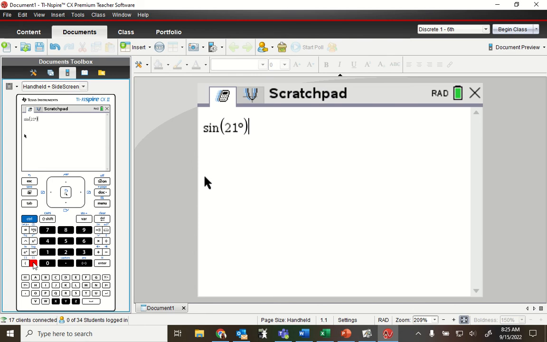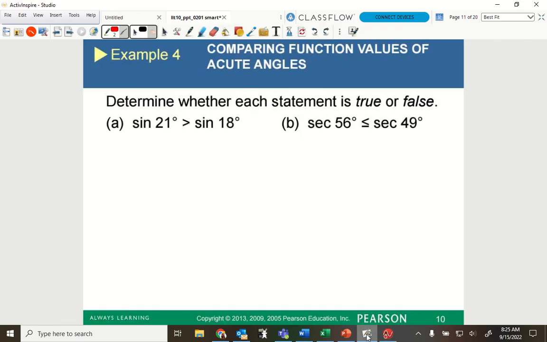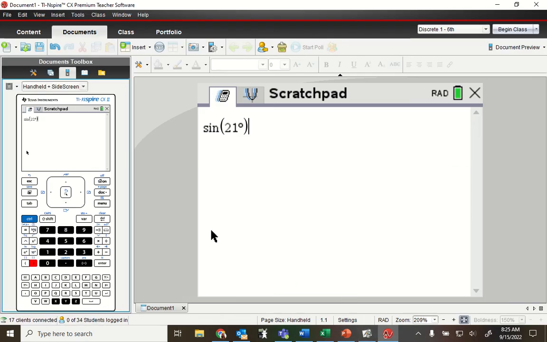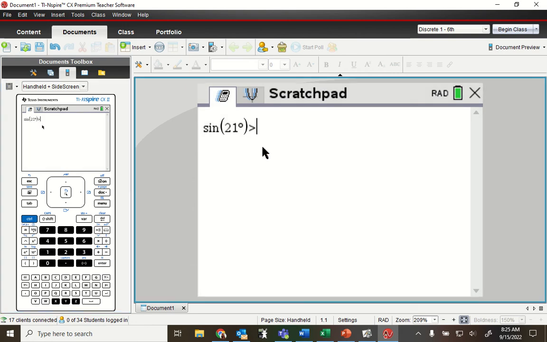Degrees. It says greater than, so the test is right here. See where control is? Right below control, there's the equal sign. So control, equal sign, there it is. Greater than. This is where your testing ones come in.